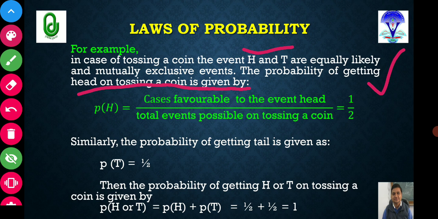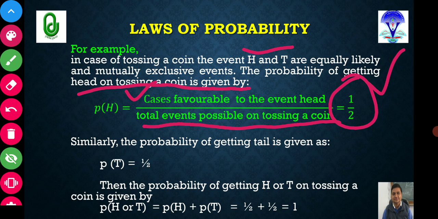How will it come to 1 by 2? The probability of occurrence of head is equal to the cases favorable to the event head, which will come only one time, so there will only be one head, divided by the total events possible on tossing a coin. The total events are 2, head and tail.